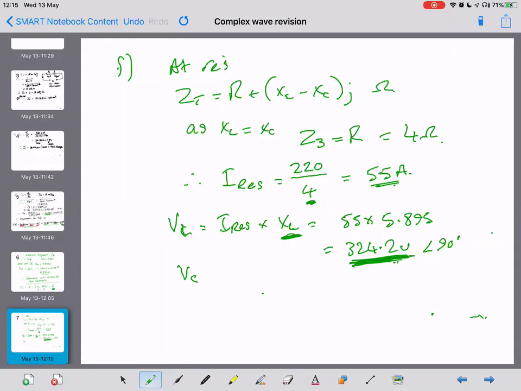If we got a voltage of 324 volts across the capacitor, and it's only designed for 200, that's going to fail. Also, are the conductors of the inductor able to take 55 amps without burning out? Those are the kinds of things you need to realise.